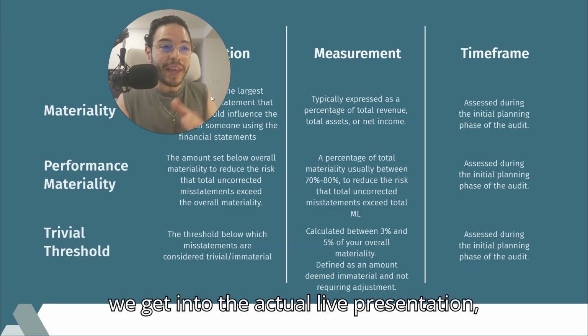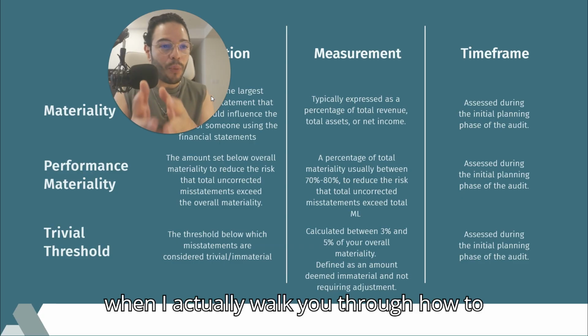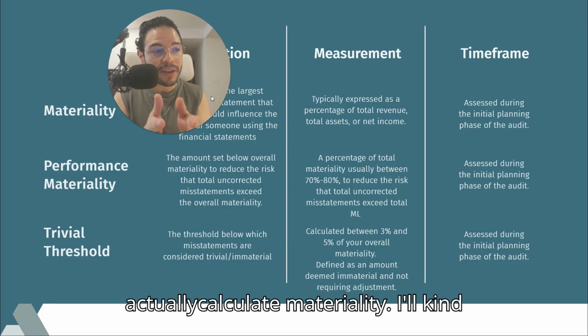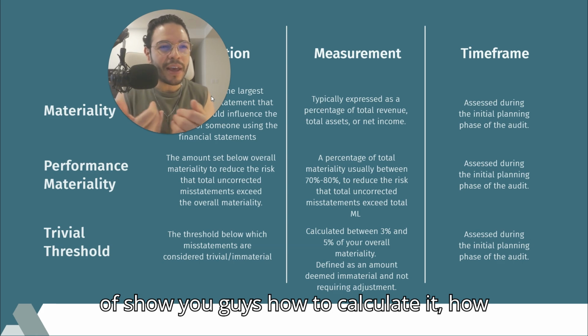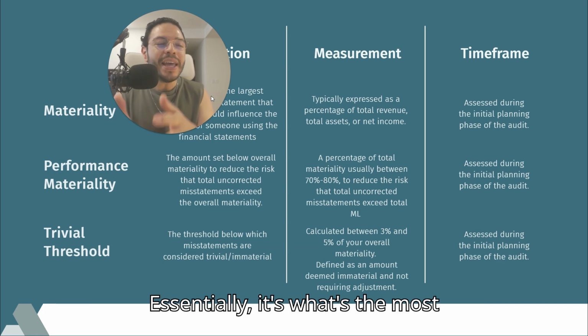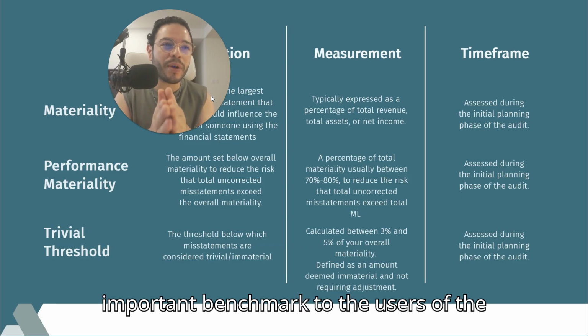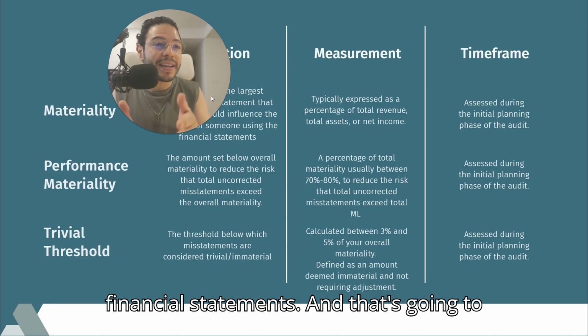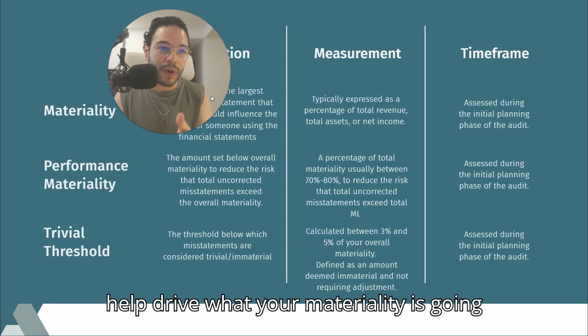When we get into the actual live presentation, when I walk you through how to calculate materiality, I'll show you guys how to determine what's a relevant benchmark. Essentially, it's what's the most important benchmark to the users of the financial statements, and that's going to help drive what your materiality is going to be.